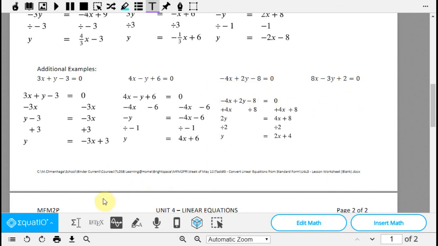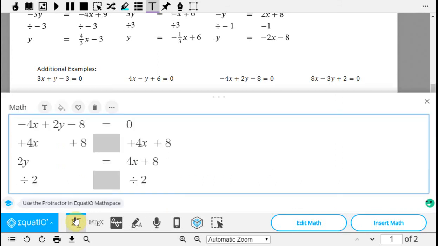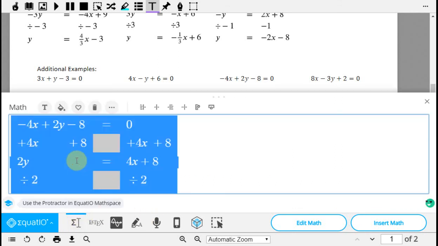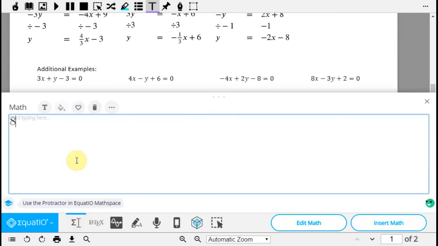And now the final question here in our examples. 8x minus 3y plus 2, and that's equal to 0 once again. We have minus 3y that we want to get by itself.